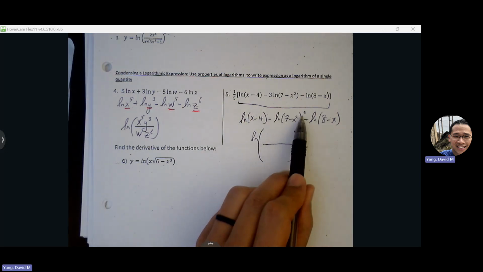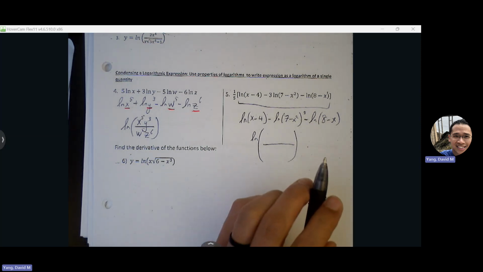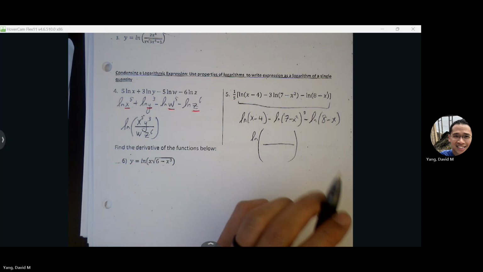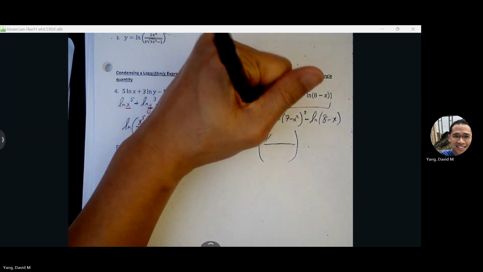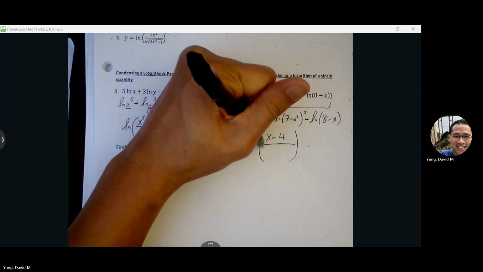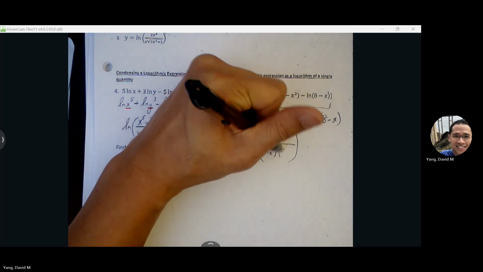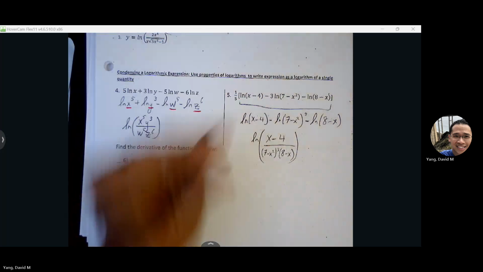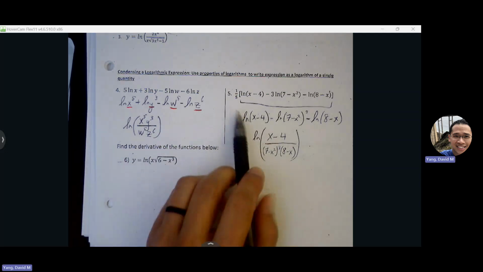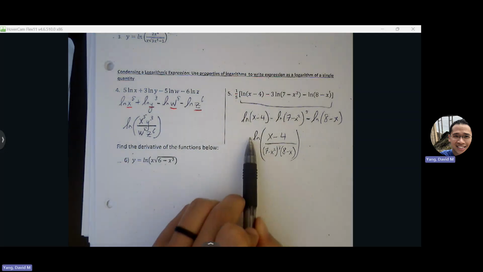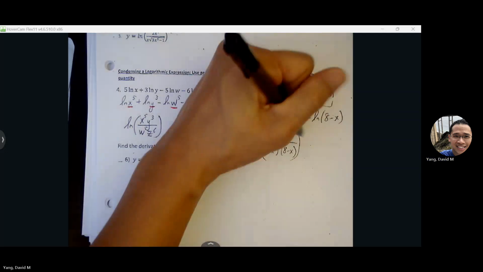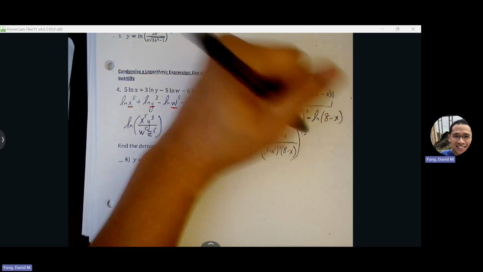The 7 minus x squared cubed and the 8 minus x will go in the denominator. And finally, that 1/5 that was here, we can push that up as an exponent.